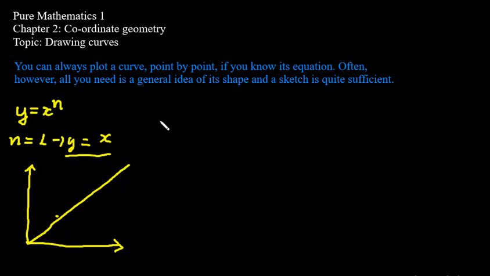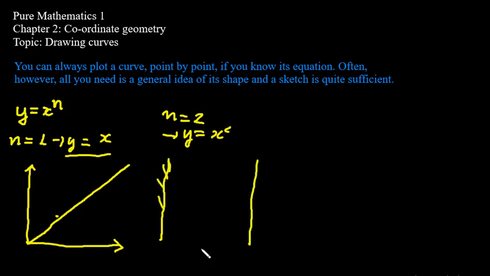When n equals 2, you have y equal to x squared. Let me draw it here. Here's y. Here's x.